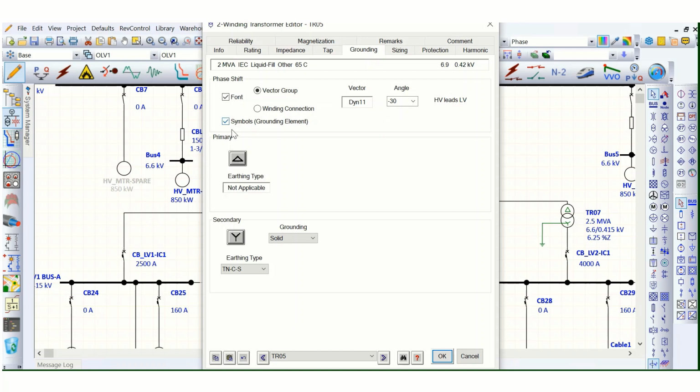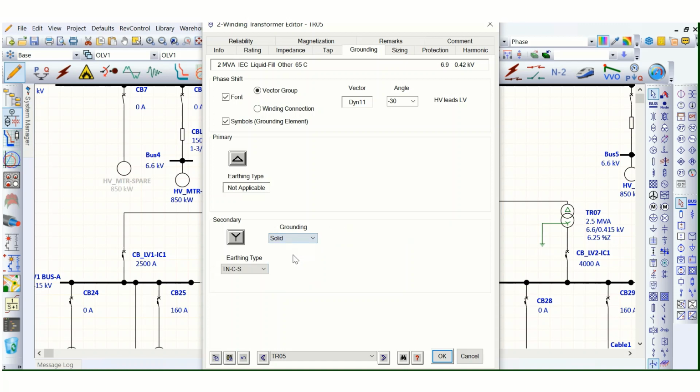If we check this box symbols, then it will show the grounding symbol, and here we can select whether it is solidly grounded, or resistance grounded or reactance grounded. So different grounding configurations are available in ETAP software.